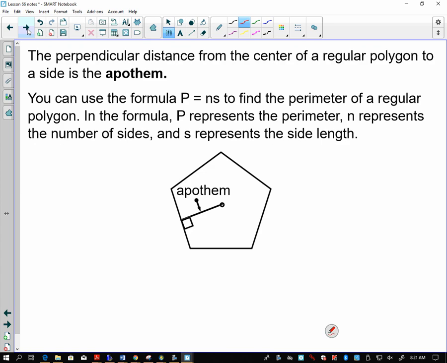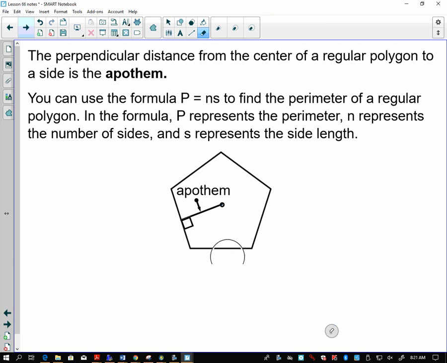The perpendicular distance from the center of a regular polygon to a side is what is called the apothem. And so we can draw others of these. If I take from here and go straight down, granted, I drew this, so my center is not perfectly centered, I'm just trying to estimate, which is not necessarily an easy thing.